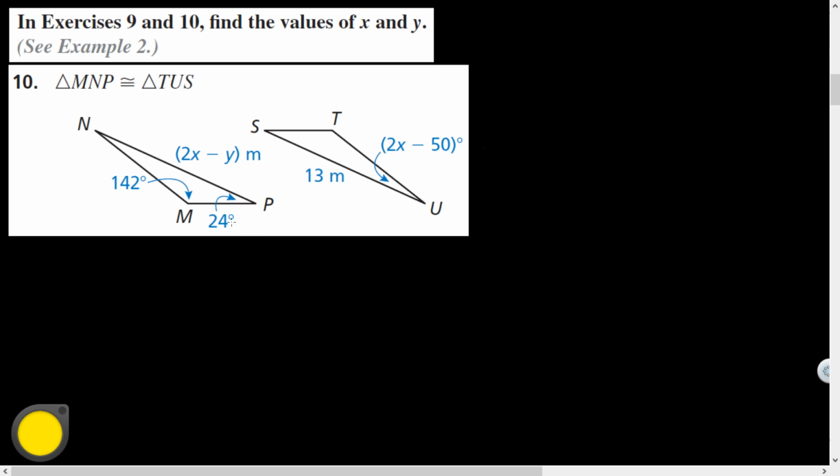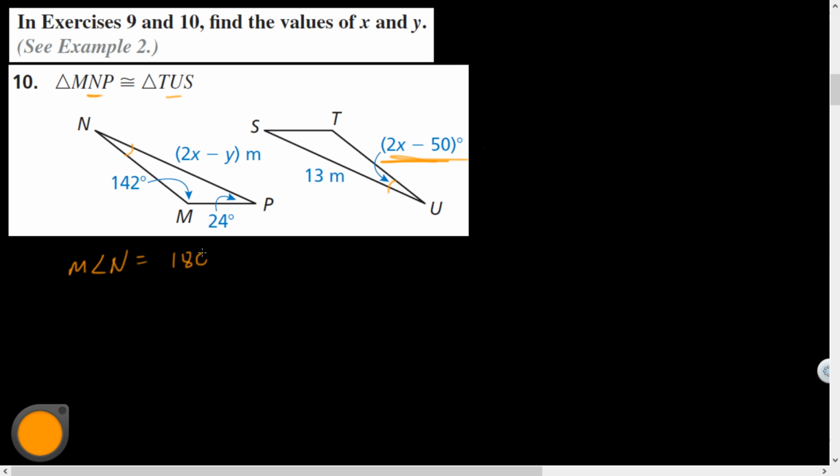So, here we go. MNP is congruent to TUS. So here's an equation that relates x and an angle measure. Angle U corresponds to angle N. Oh, but that's unfortunate. I don't know the measure of angle N. How could I find the measure of angle N, friends? I think it's like third angle theorem.